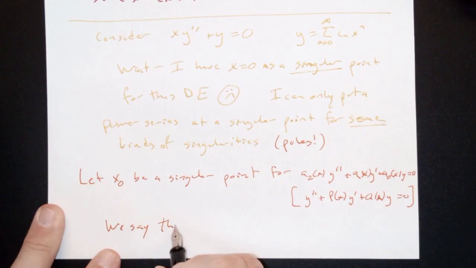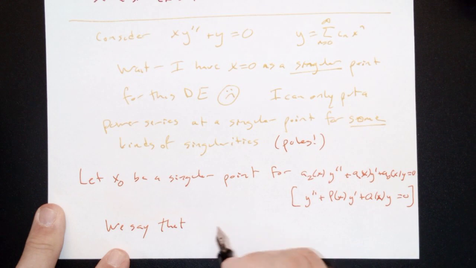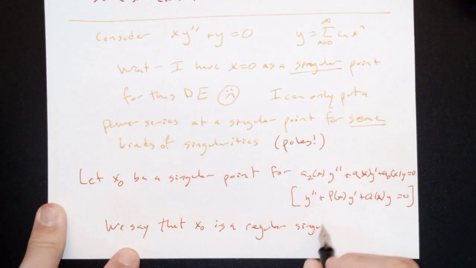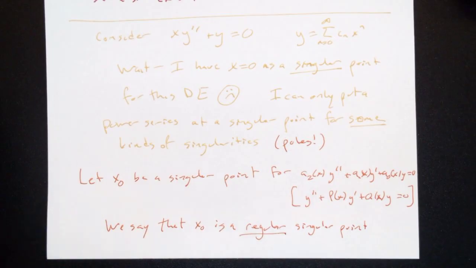We say that x0 is a regular singular point if it's a pole whose order is less than 2. But that doesn't make sense to anybody who hasn't done any complex variables. So let me write it out the easier way. If when I multiply P by x minus x0 and Q by x minus x0 squared, those are both analytic.